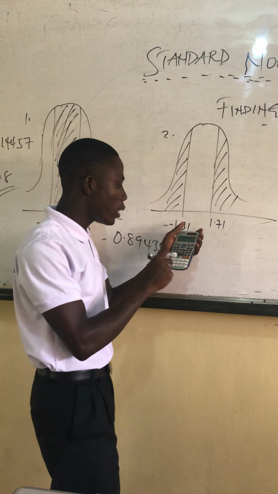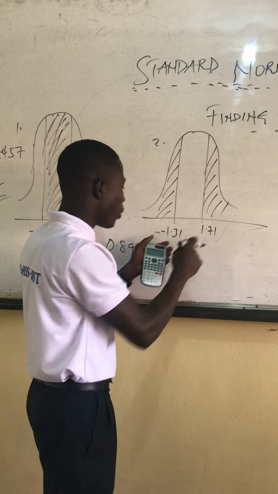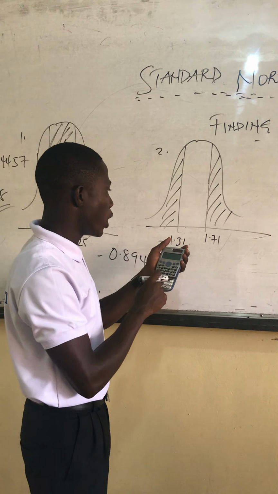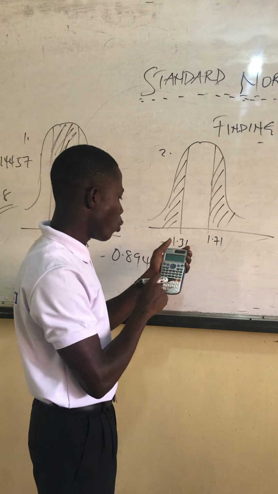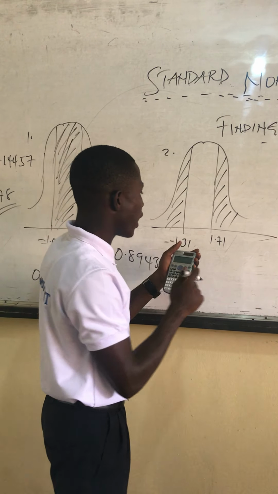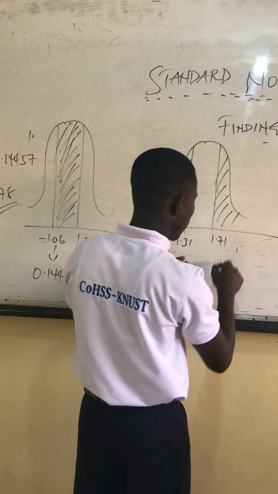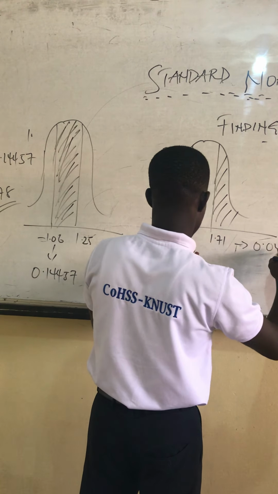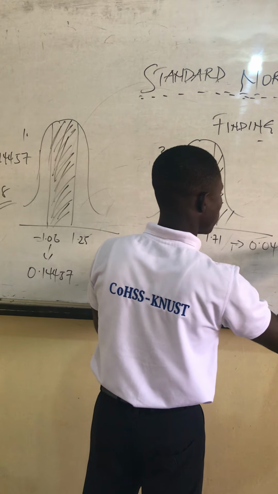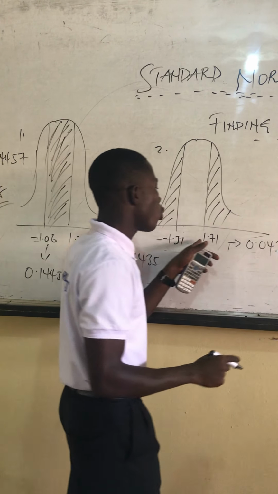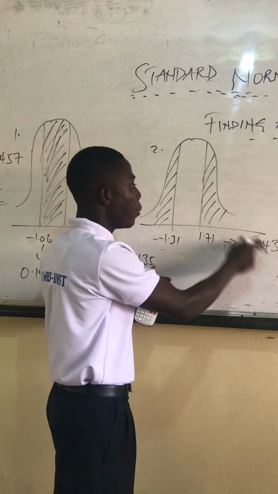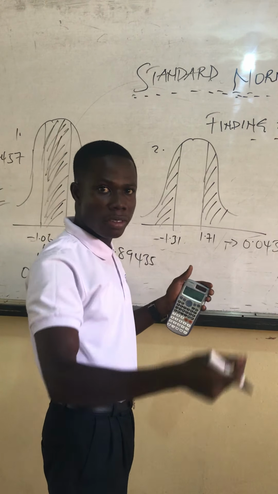By using the calculator with 1.71, I had 0.043633. So 1.71 on the calculator is this number, and it's on my right of z.